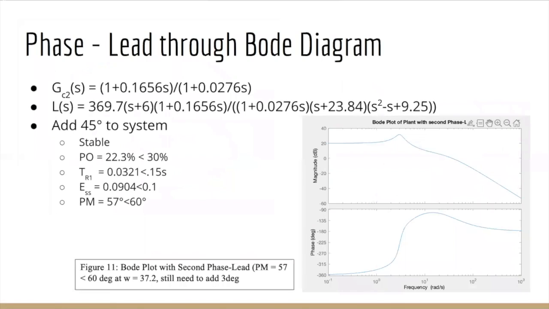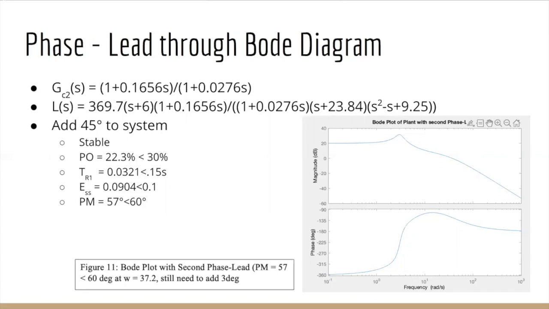My second compensator that I decided to add was a phase lead through a Bode diagram. I decided to do this since the percent overshoot needed to decrease, and phase leads move the root locus further to the left, which inherently increases zeta, decreasing percent overshoot, and it would also increase the phase margin.